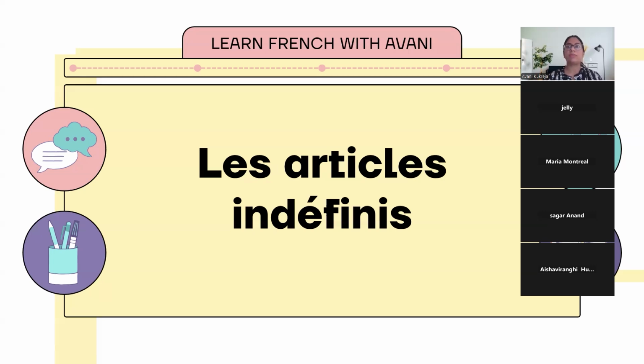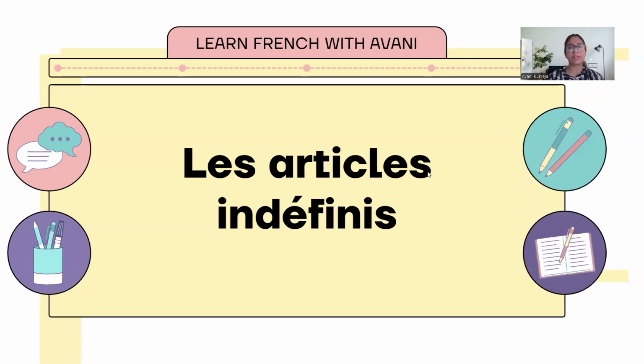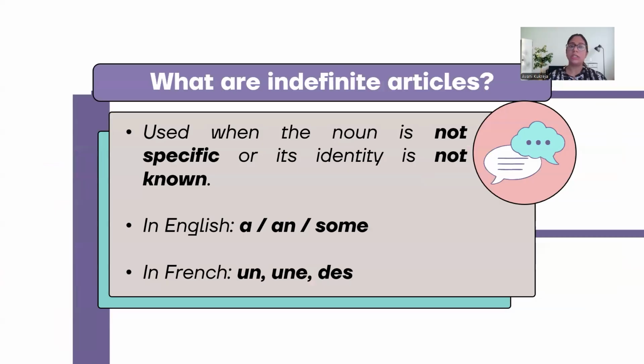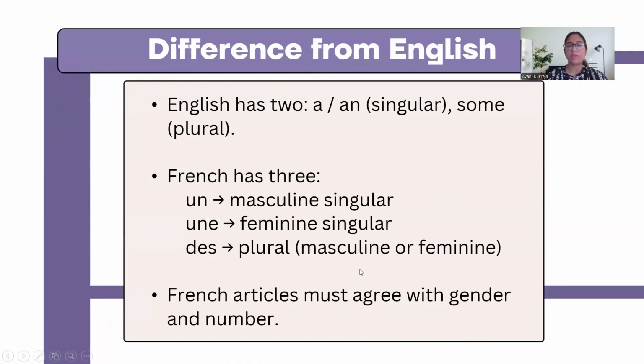Okay. Now, the indefinite articles of French are un, une, and des. In English, it is a, an, or some. We can say it like that. But in French, it is un, une, des. Un is used where the nouns are masculine and singular.